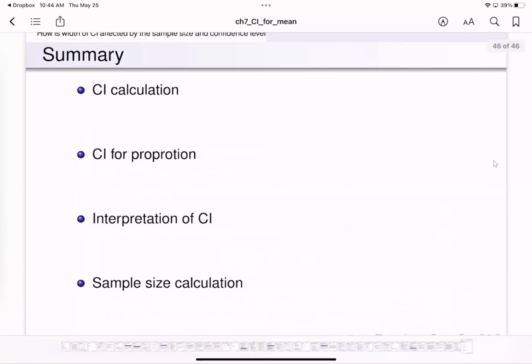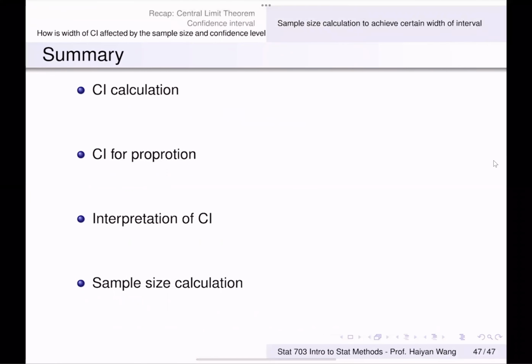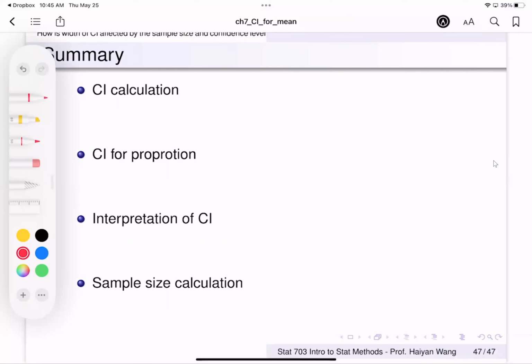So to summarize what we learned in this lesson, we considered the confidence interval for the proportion. Maybe here it's good that I write down the confidence interval calculation for one population mean.